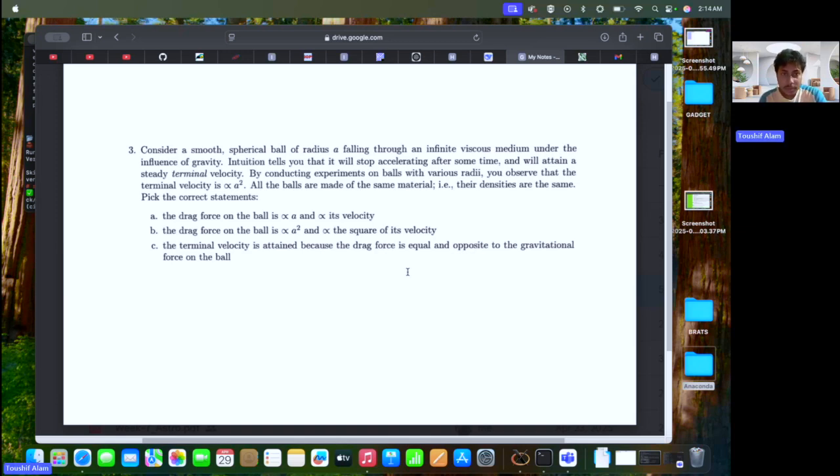The terminal velocity is proportional to a squared. Now the terminal velocity is attained when something falls under gravity and the gravitational force is balanced by its viscous force, so that it attains a steady velocity and won't accelerate anymore. So that is the terminal velocity.